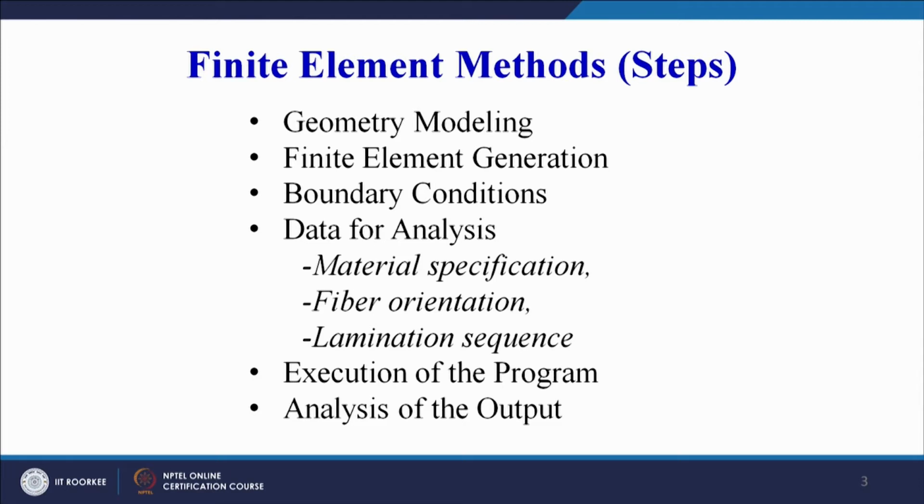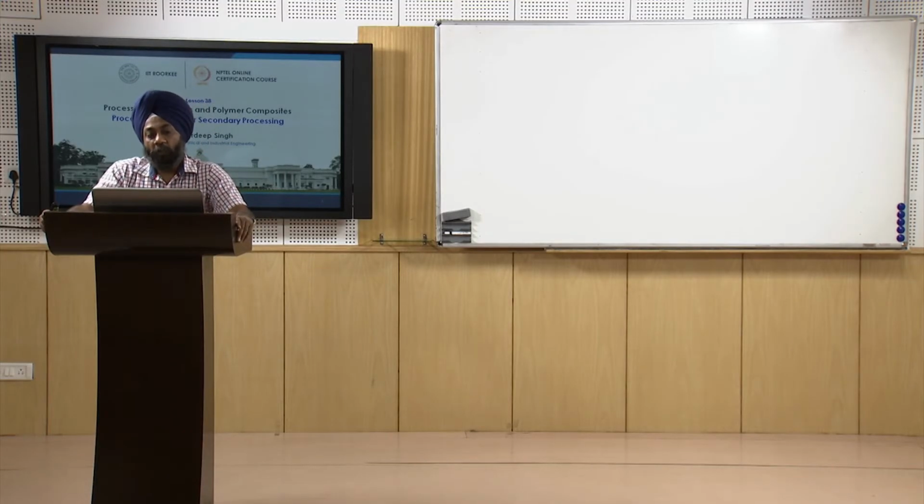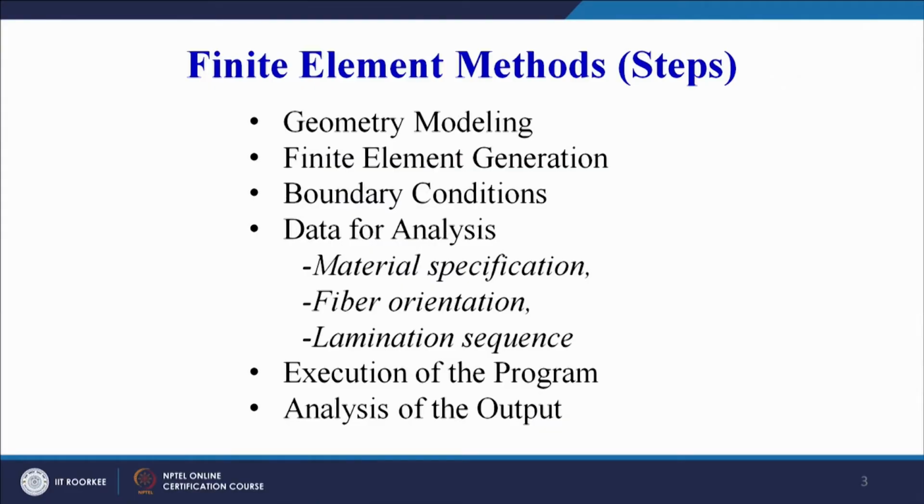So let us see now the finite element method. There are different steps involved. First is the geometric modeling. We have to create a geometry of the composite plate in which we want to make a hole. We have to create a geometry of the drill that we want to use for making the hole. Then we discretize the plate and the drill into finite elements. Then we apply the boundary conditions.